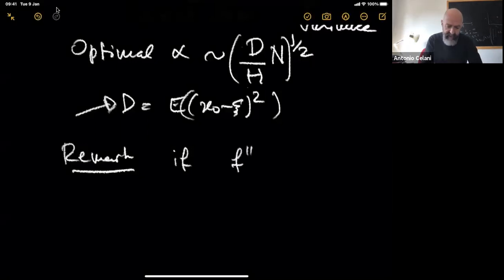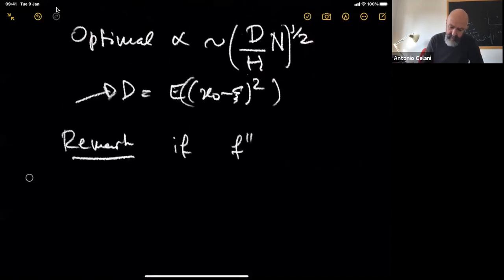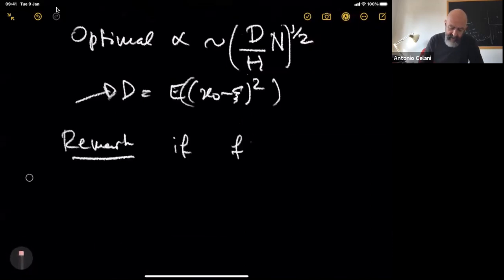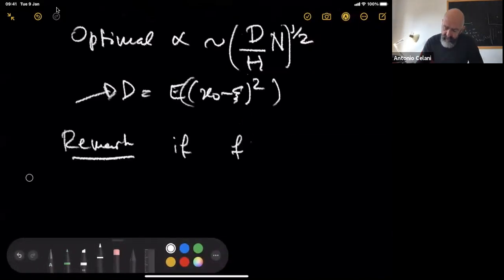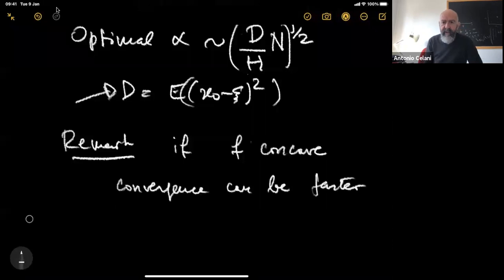Sorry, that's not the statement. If you ask f to be concave, so decreasing and concave, you can make this convergence even faster. Okay, but the price to pay is that you have to make assumptions over the function.